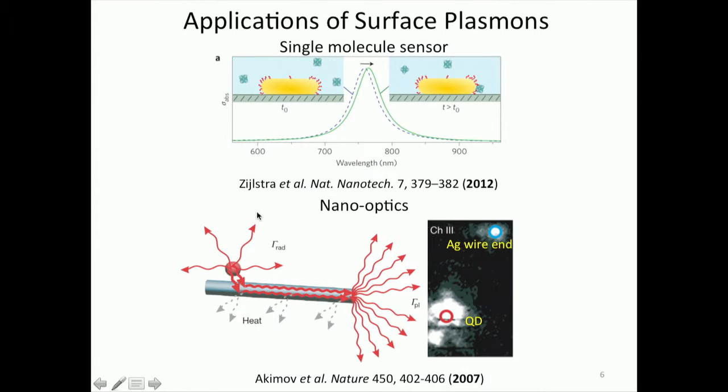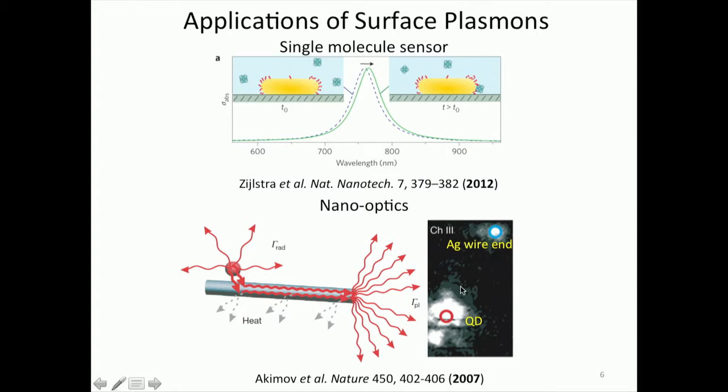Other interesting applications of plasmonics are in nano-optics. Here at the bottom, in this paper from Akimov, they placed a colloidal quantum dot very close to a metallic silver rod. They show that they can couple the energy flow from the quantum dot to the surface plasmon on the rod. The surface plasmon on the rod can propagate, and at the end, it will decay and generate light. Here on the right side, you can see the quantum dot is this red circle.